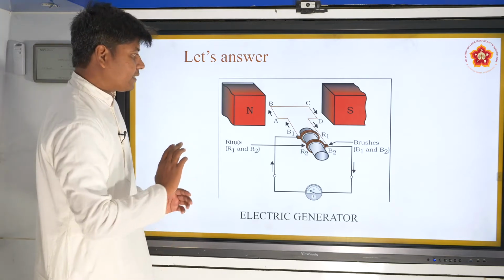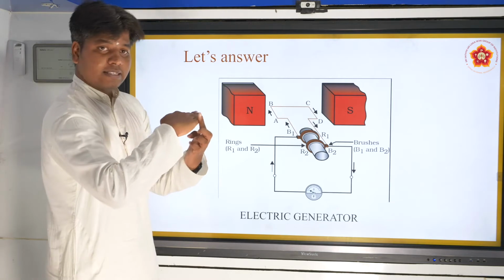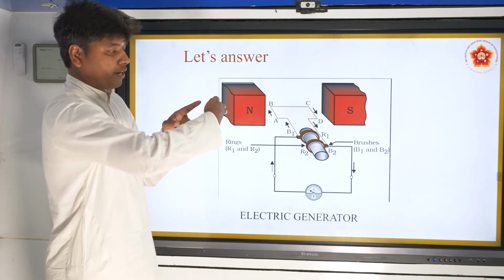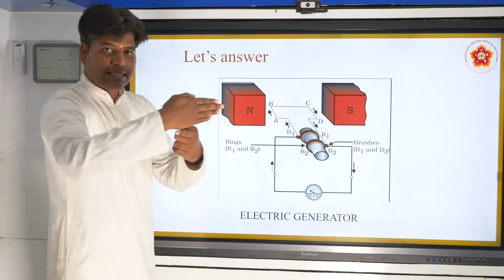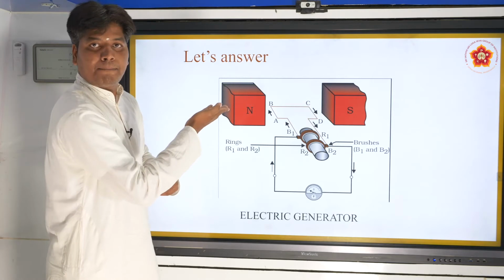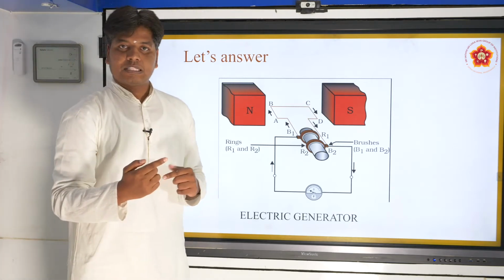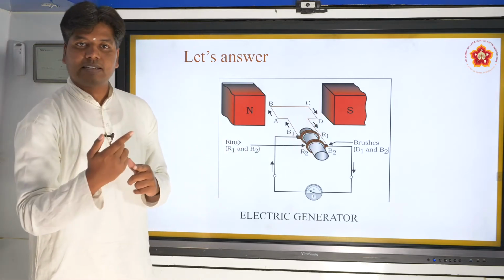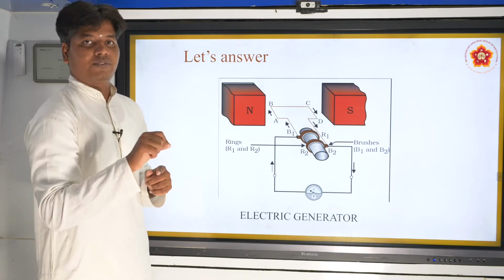Now the key point is, suppose this is AB and this is the CD segment. After it goes to a peak point, what happens? It has to come down. Now this CD segment has to go up, right? That means it is changing direction. The magnetic field is still the same, but the direction of the conductor is changing. That means the induced current direction will also change now.